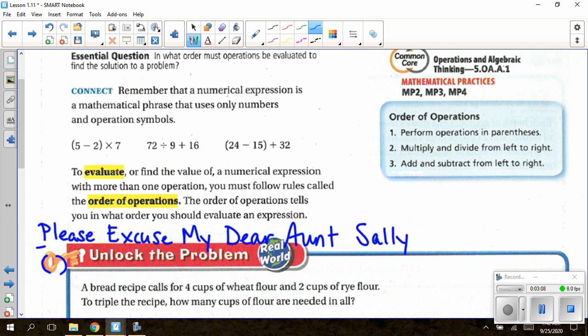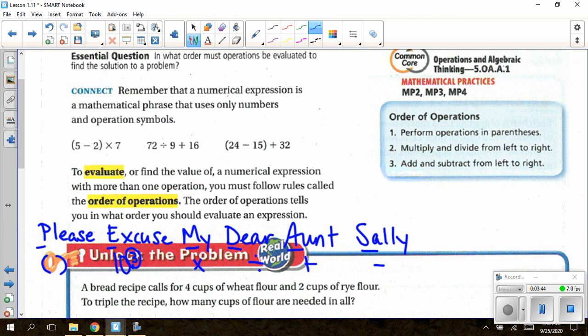The excuse is our exponent. When we did exponents, we were working with powers of 10. For example, 10 to the third power, that 3 is my exponent. We do not usually see exponents in our 5th grade expressions. If there is one, it would just be a power of 10. My stands for multiplication. Dear stands for division. Aunt stands for addition. And Sally stands for subtraction.